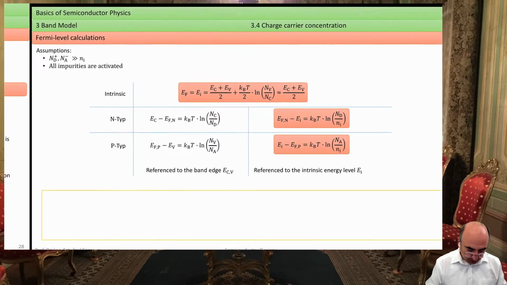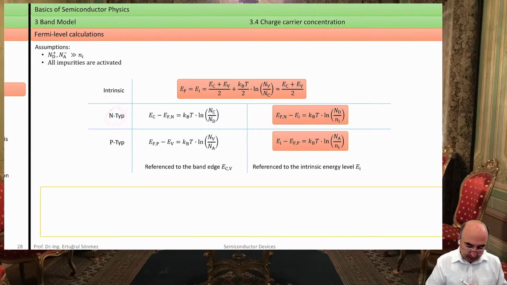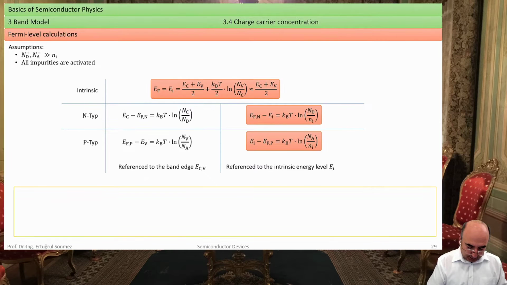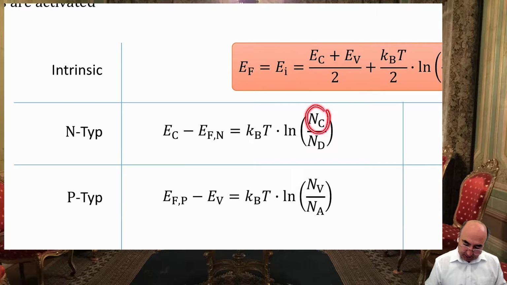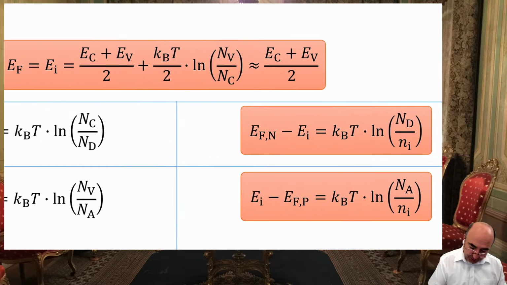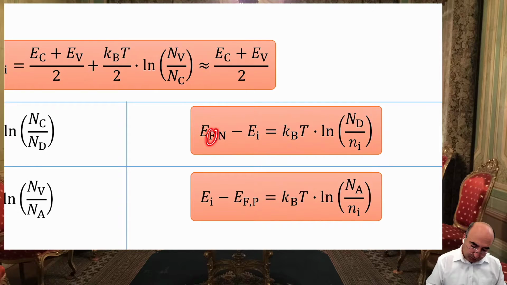Okay, point two: if we have an N-type semiconductor, we can calculate the distance of the Fermi level to the conduction band edge by comparing the effective density of states in relation to the doping concentration. And if we refer the Fermi level to the intrinsic level, then we compare the doping concentration to the intrinsic carrier concentration.